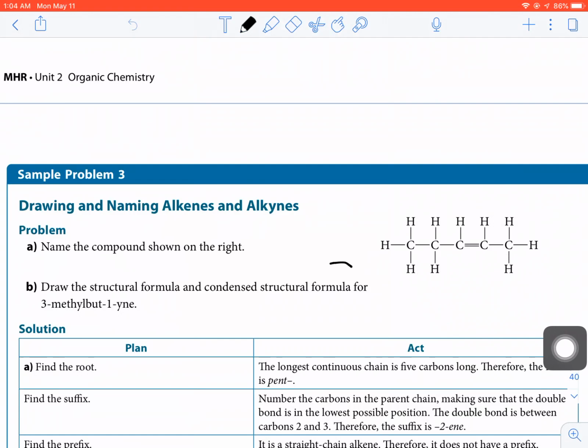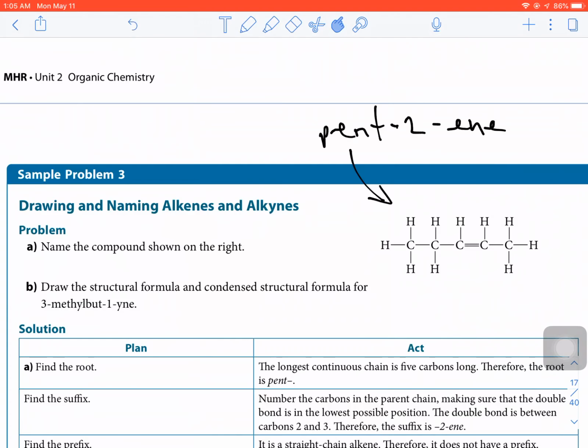So it's going to be pent-2-ene. Should be pentene because it's a double bond, right? But I need to say where is the double bond, so it's after the 2 carbon. So there's pent-2-ene.